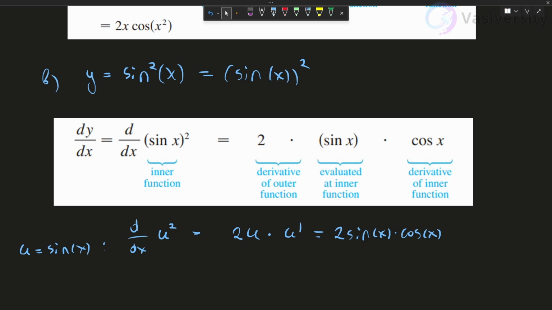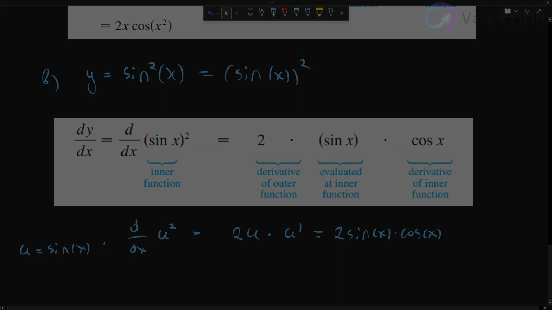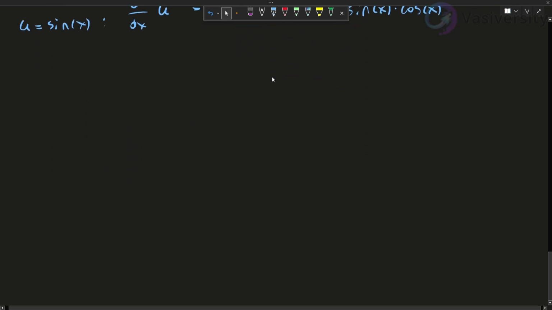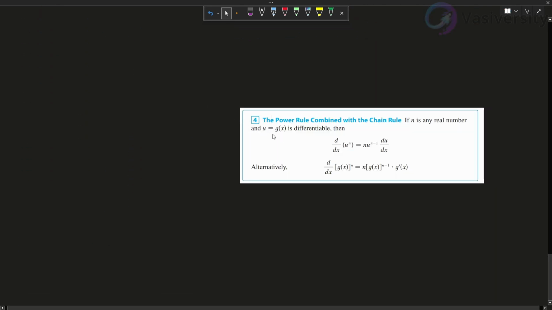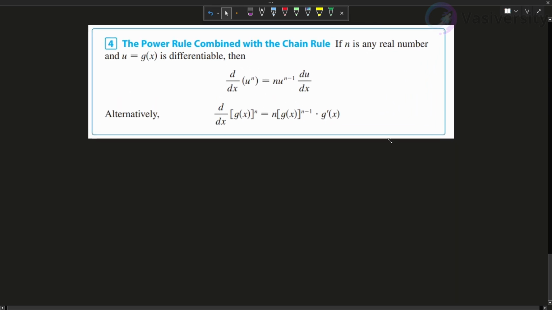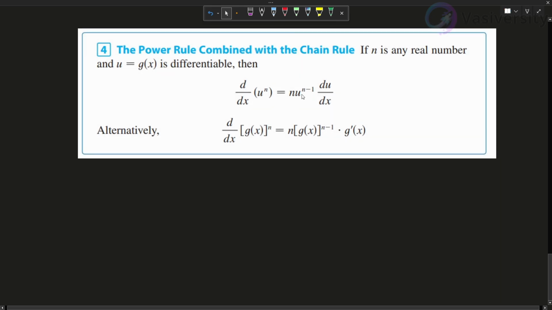What else can we also do? Of course, the power rule. From these kinds of problems, if we do them enough times, we will be able to notice the pattern, and the pattern is the power rule combined with the chain rule. If we have u to the power of n, the derivative is n u to the n minus 1 times du/dx. So we're multiplying by the derivative of u, whatever is in the power. For a general g of x, it's n times g of x to the n minus 1, which is the regular power rule, times the derivative of what we have inside.